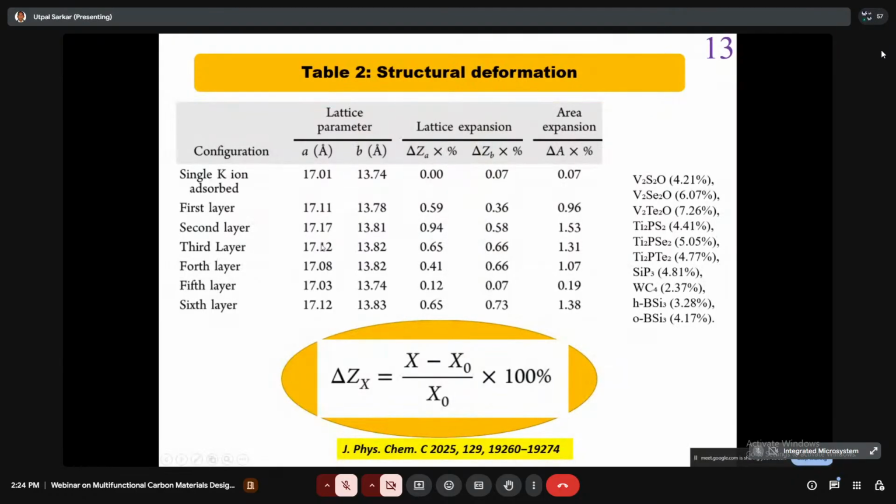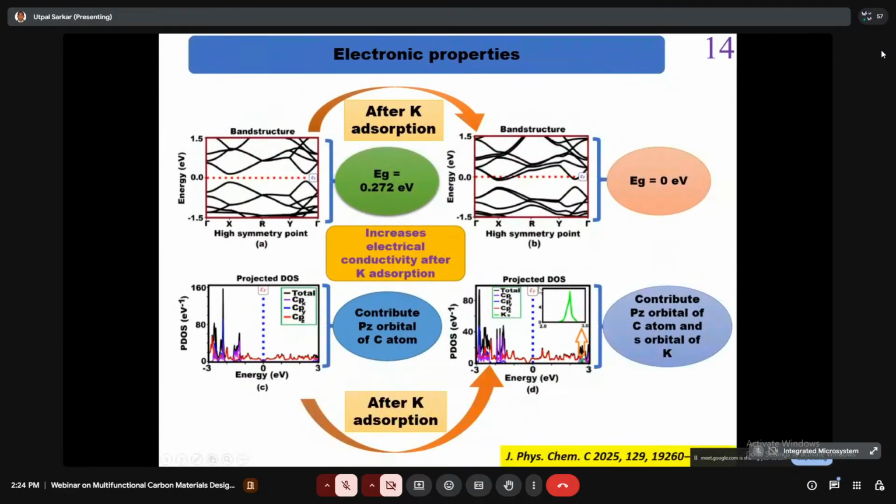You see that after absorbing potassium ions, the change in lattice is not that much. It's only 0.65%. So the percentage change is very small. That means the structural deformation is negligible.